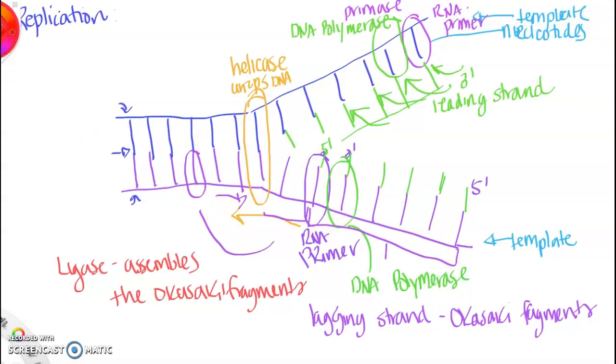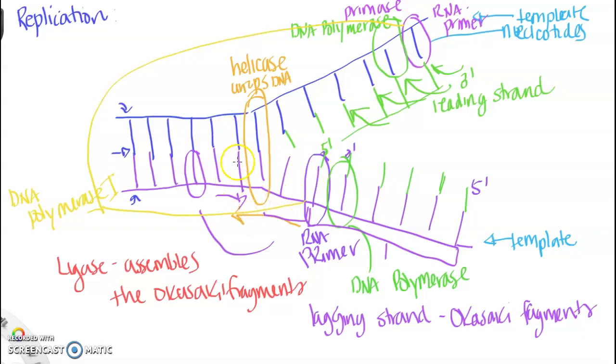So we have the RNA primer here, there's an RNA primer here, so we have another enzyme called DNA polymerase I, and that then switches out the RNA primer for a DNA nucleotide.